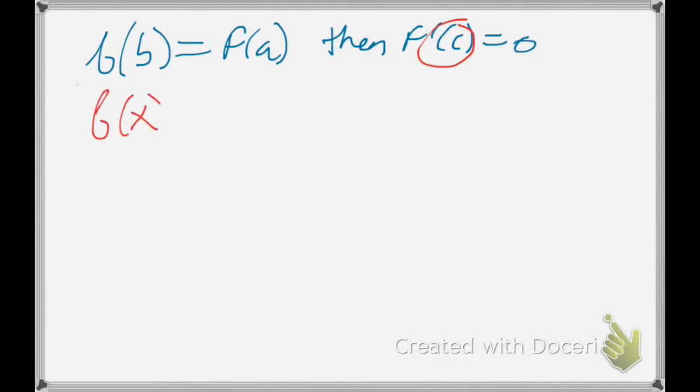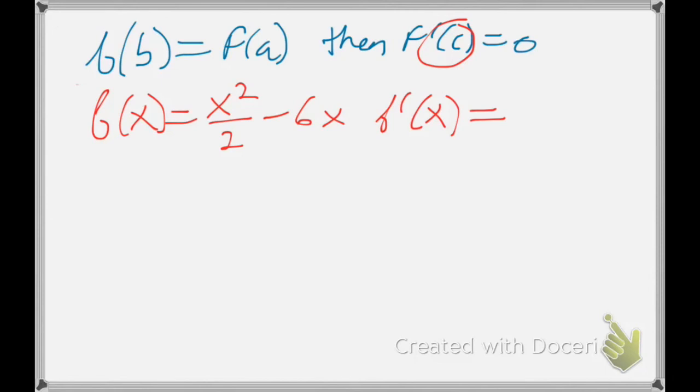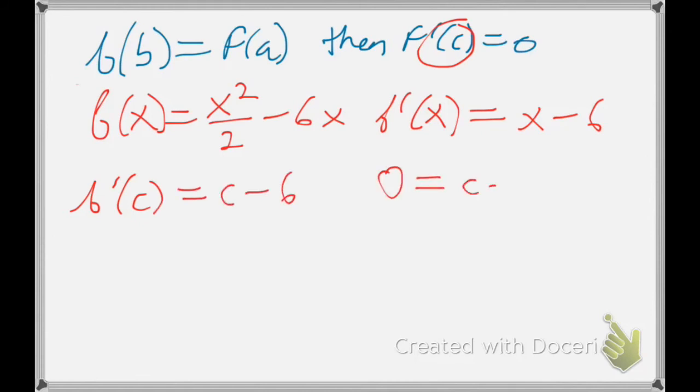Now we shall solve for such point c. F of x was equal to x squared over 2 minus 6x. Therefore, f prime of x is equal to x minus 6. We can manipulate this equation to get that f prime of c is equal to c minus 6, and according to Rolle's theorem, 0 will equal c minus 6. This gives us a result that c is equal to 6. This is our answer.